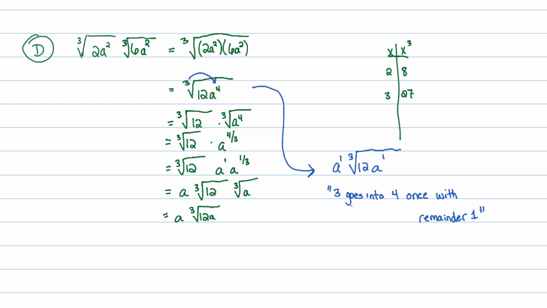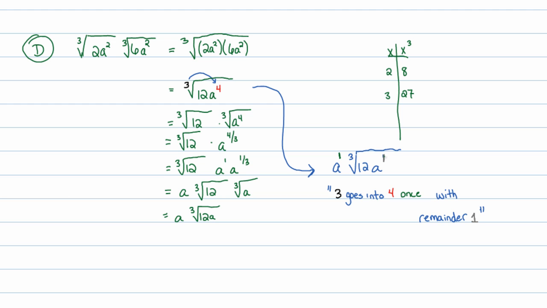I should color code this, so hopefully you can read my changing colors here. 3 in black goes into the 4, which is in red, once. So the number of times it goes in is the power on the outside. And then the remainder, in gray, is 1.